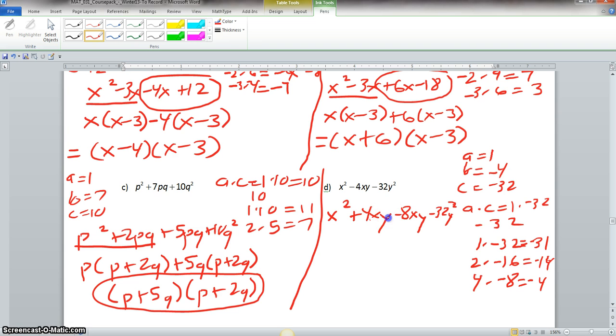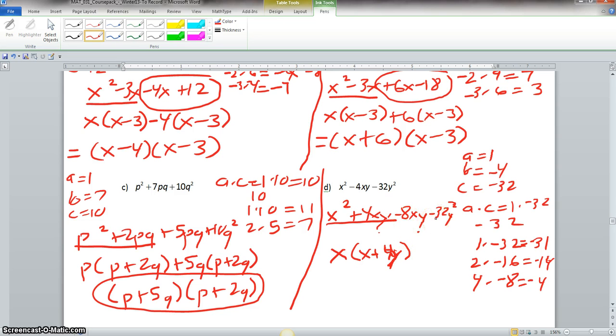Okay, so now we group these first two terms. We can factor out an x, and we'll be left with x plus 4y. Now we group the second two terms here, which is negative 8xy minus 32y squared. Now remember, since this first term is negative, whatever we factor out here must be negative.